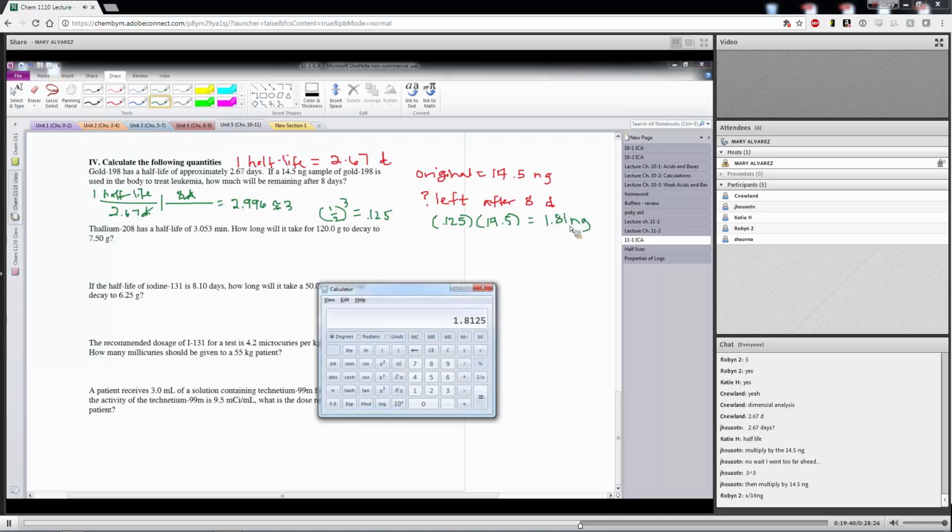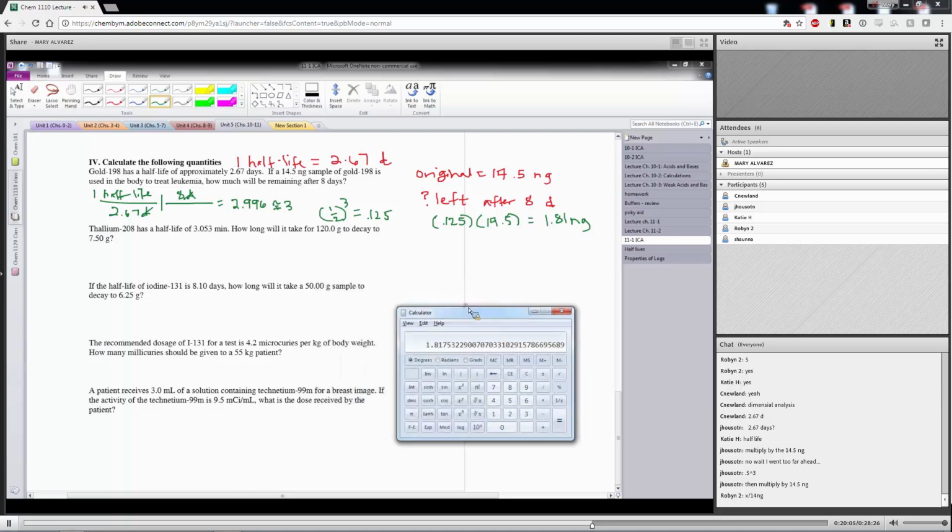Now let's see if we use 2.996. If we use that instead of 3, if we didn't round, that still gives us 0.125. That would give us 1.82 nanograms, but it's close enough, we'd pretty much get the same answer.